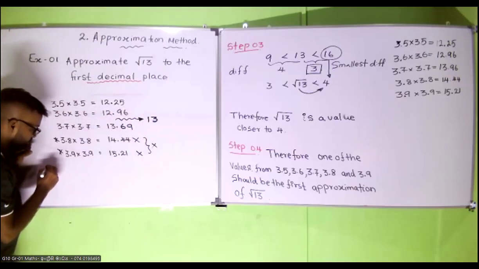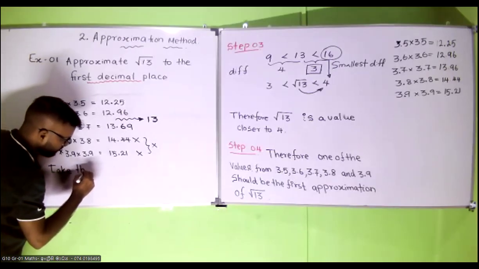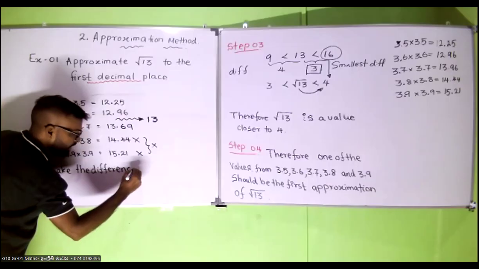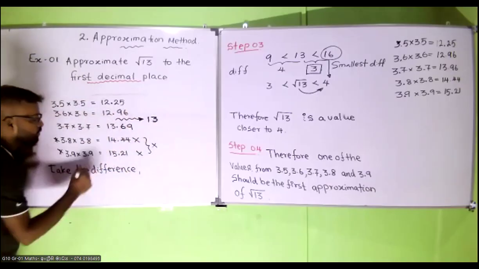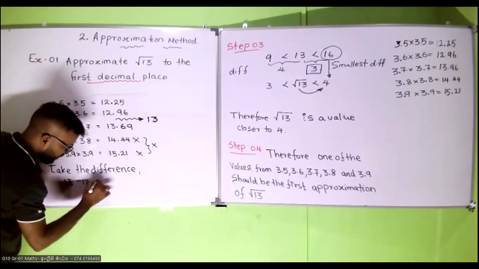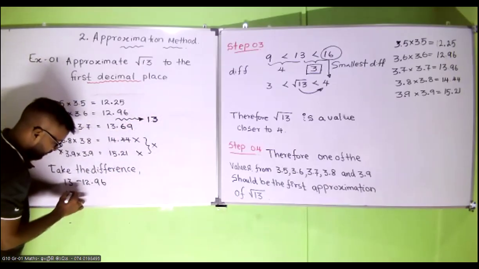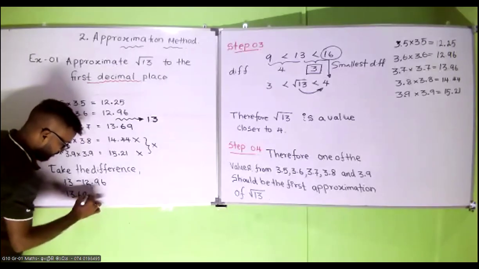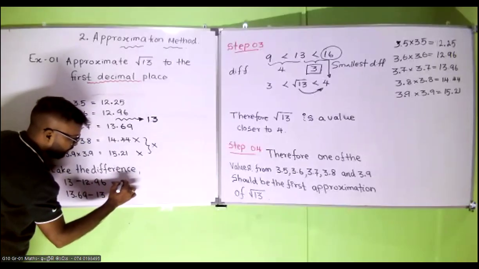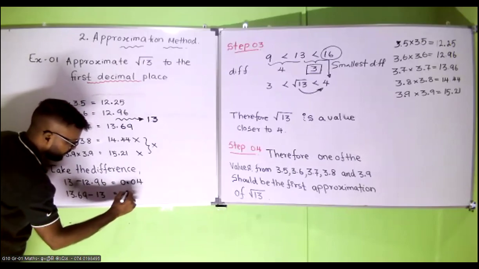Take the difference. 13 minus 12.96. 13.69 minus 13. So if you get the subtraction, this will give you 0.04. This will give you 0.69.